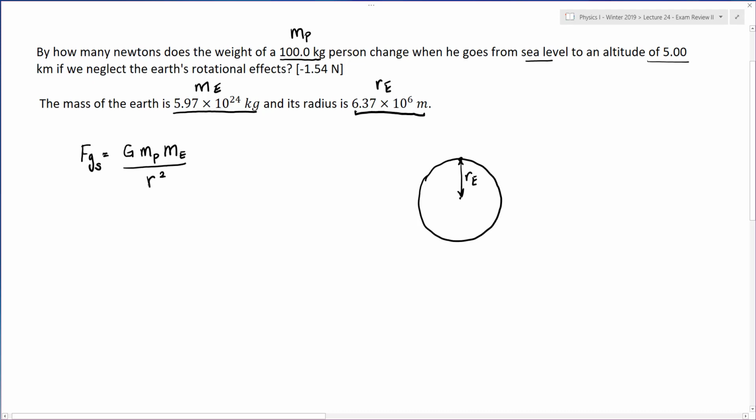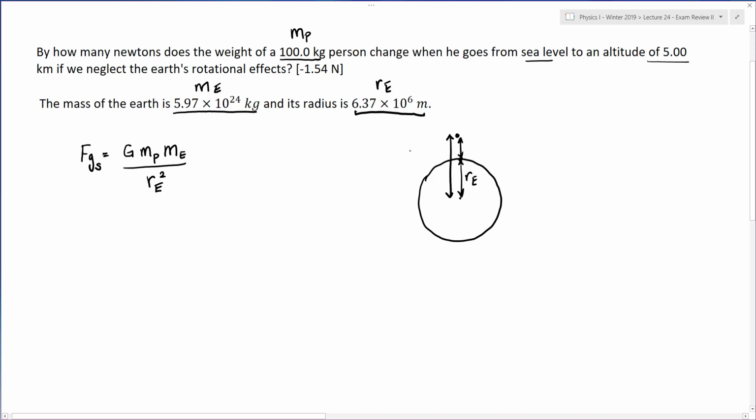So if we're using the formula at sea level, for the weight of the person at sea level, then this r would be the distance between the center of the Earth and sea level, which would just be the radius of the Earth. But when we do the formula a second time, when the person is at an altitude of 5 kilometers, so now the person is over here, the r value is the distance between the center of the person and the center of the Earth.